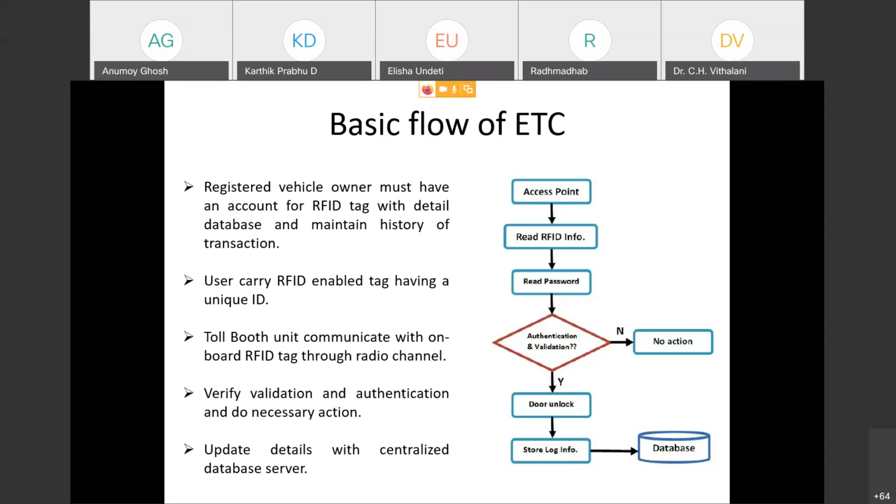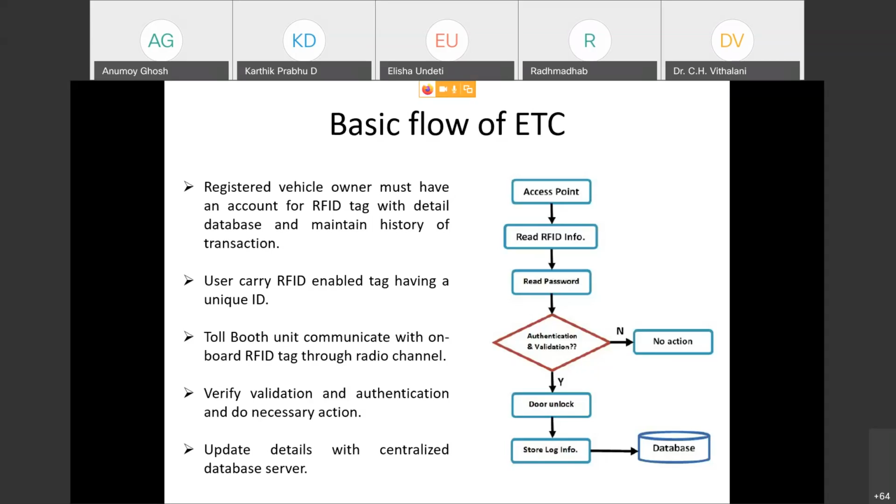If it is no, then no action is taken, which means it is a false tag that is moving. If it is yes, then the middleware senses that it is a car or a bus or a truck, because it gets an authentication and validation code which is verified by the transport department.